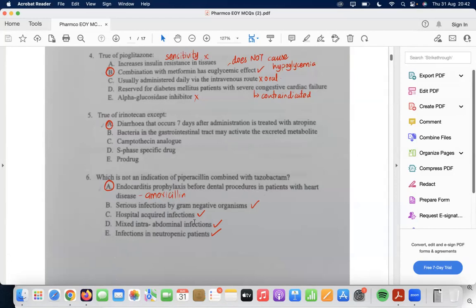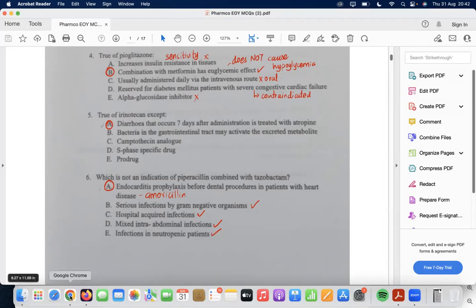Hospital-acquired infections, yeah, because this piperacillin tazobactam combination is a very effective drug against bacteria. So most of these common infections are treated with it. Mixed intra-abdominal infections, yes, and infections in neutropenic patients.